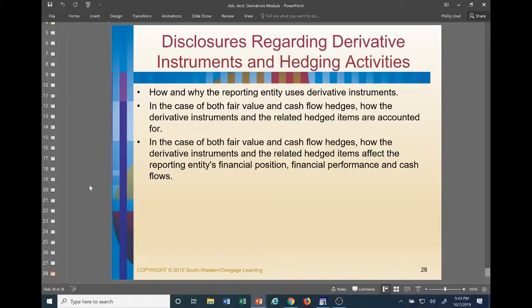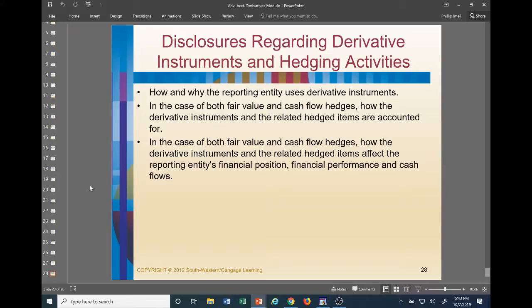So once again, that is it for Chapter 9, the International Accounting Environment, and also the module on derivatives and related accounting issues. It's very important that in this Chapter 9 and this derivatives module we understand these basic concepts, because this is going to be the foundation moving on to Chapters 10 and 11.